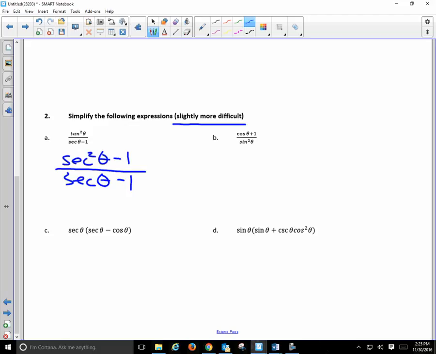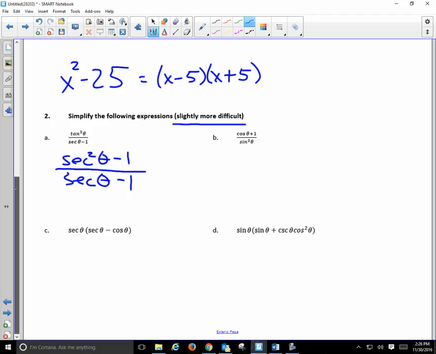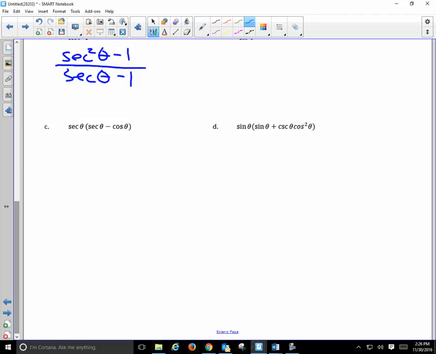Well, watch. If I have x squared minus 25, does that factor? What does it factor to? That's the difference of two squares. Does secant squared minus 1 factor? That's the difference of two squares as well.